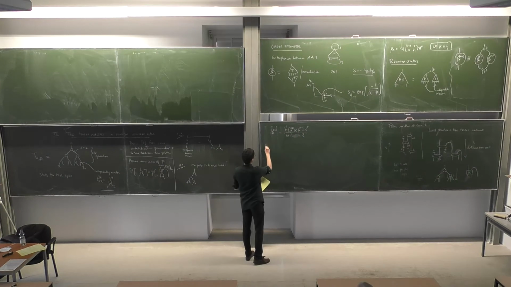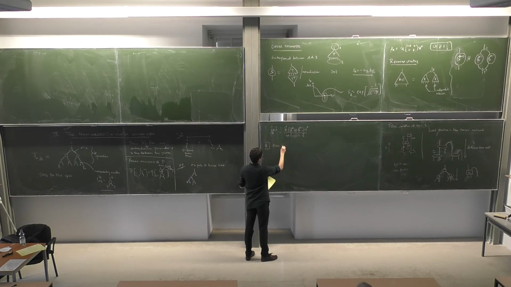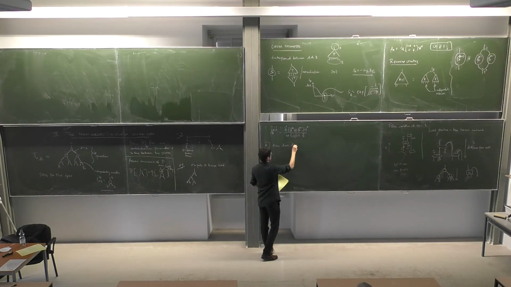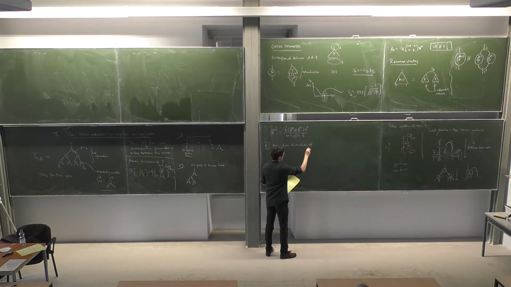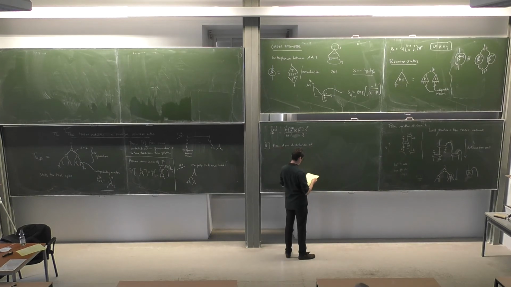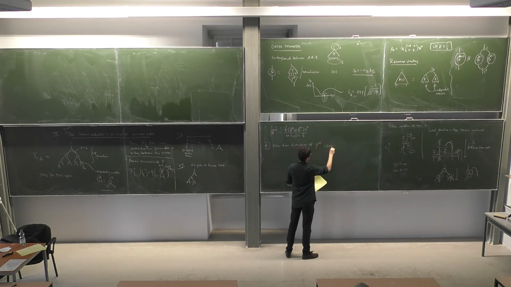All right, so the question is, how does the probability distribution of rho change as a function of k?